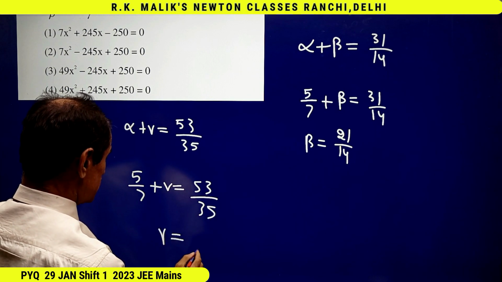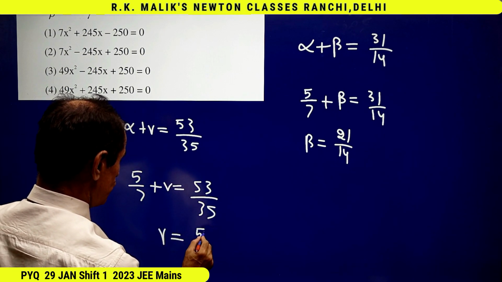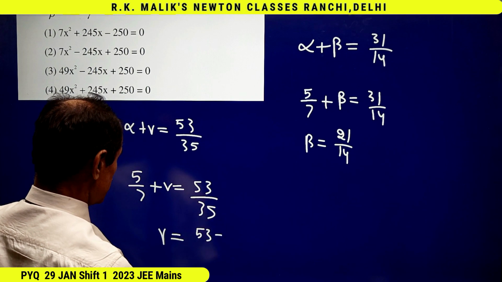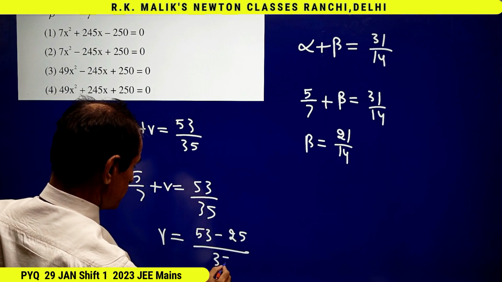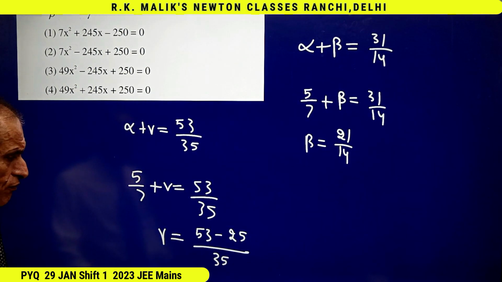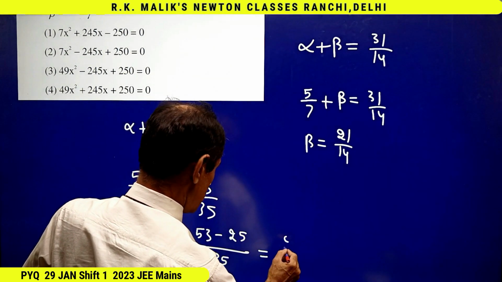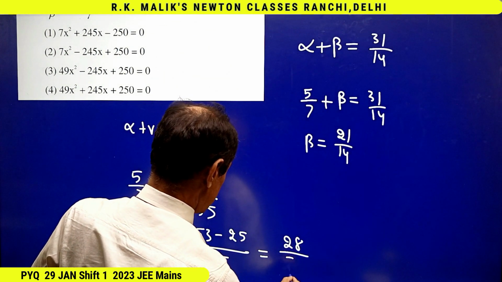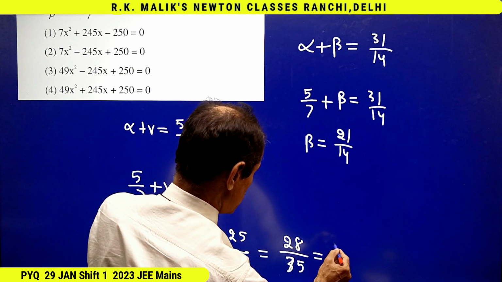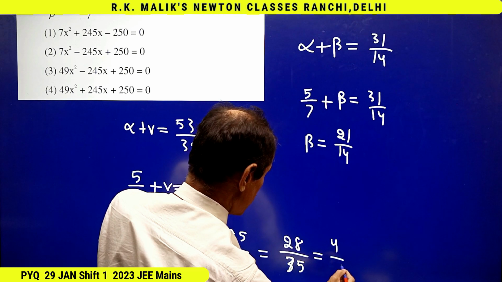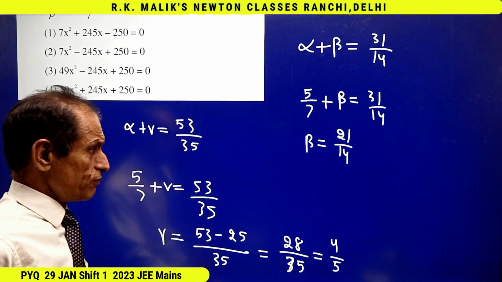35. Hence gamma is equal to 53 minus 25 by 35. That is 28 by 35. That is 4 by 5.